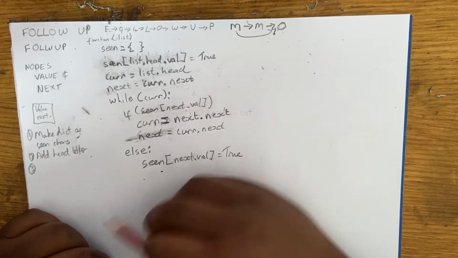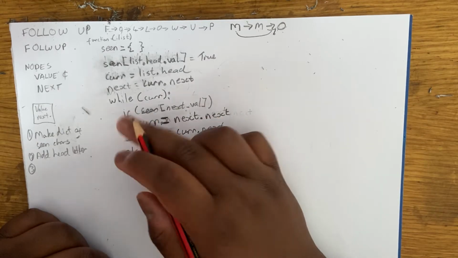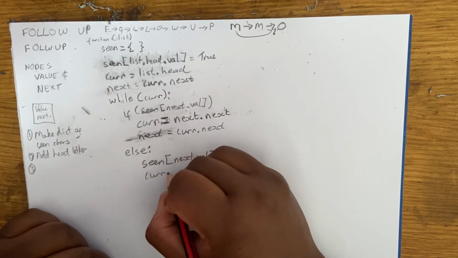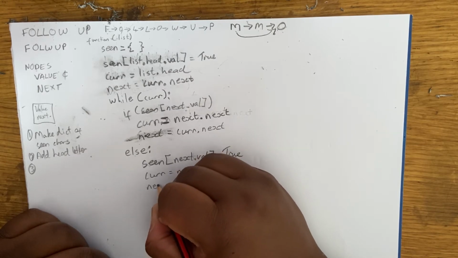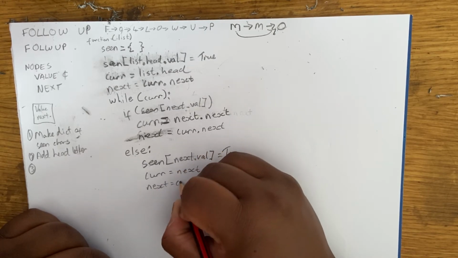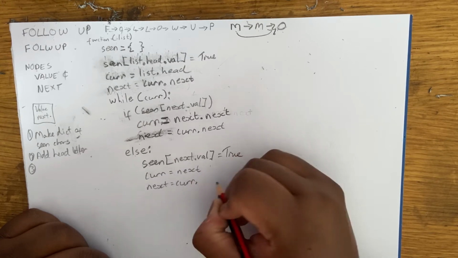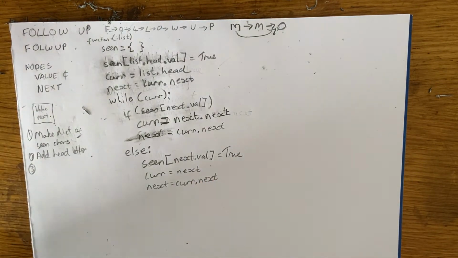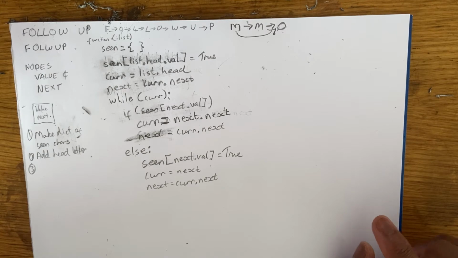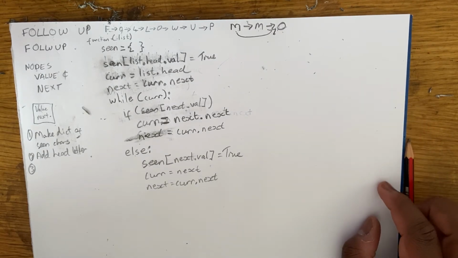Then current is equal to next, and next is equal to cur dot next. Okay. Shoot. Should it be cur or next?